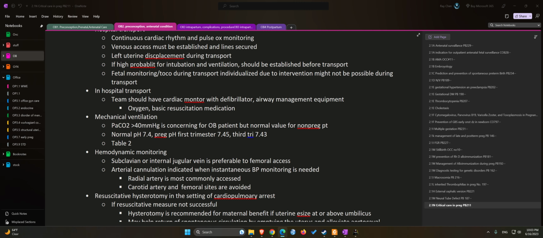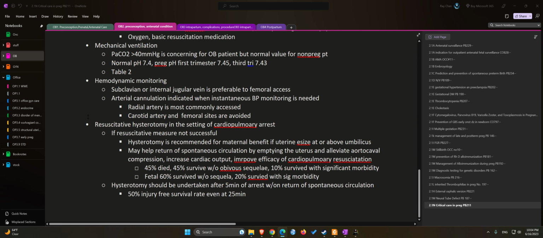Table 2, let's take a look at table 2. Hemodynamic monitoring. Subclavian or internal jugular vein is preferable to femoral access.